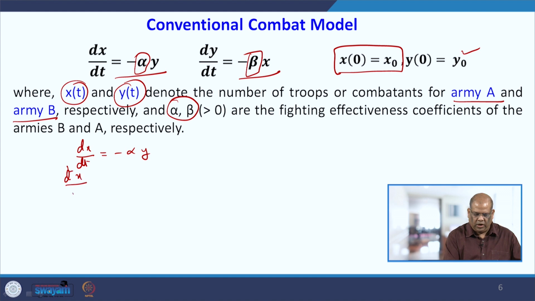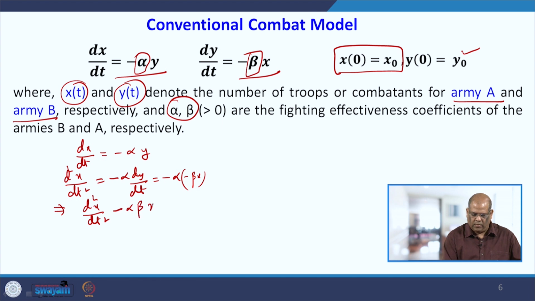You differentiate this one more time and you get minus alpha times dy/dt, and dy/dt is minus beta x. So, you get d2x/dt square minus alpha beta times x equal to 0.